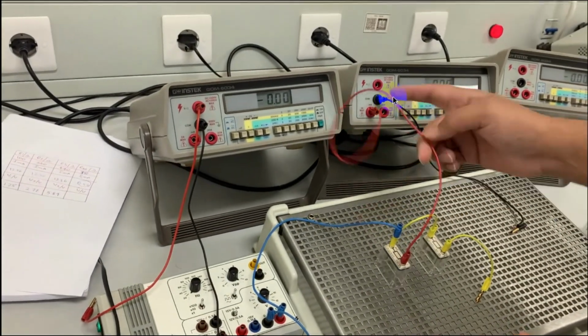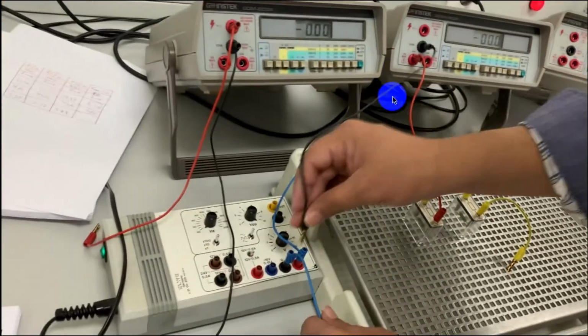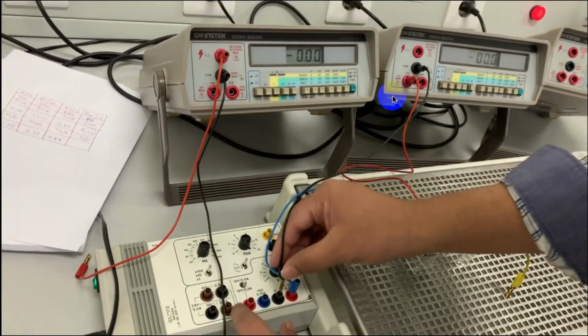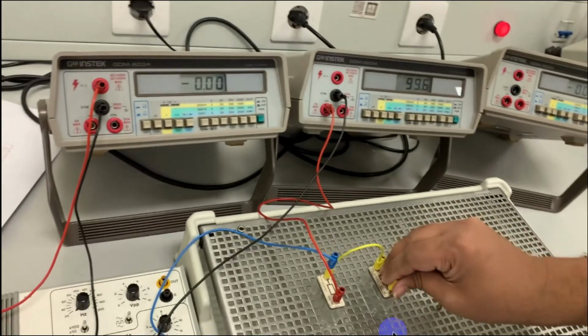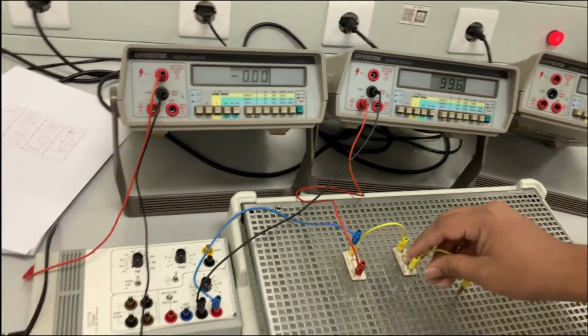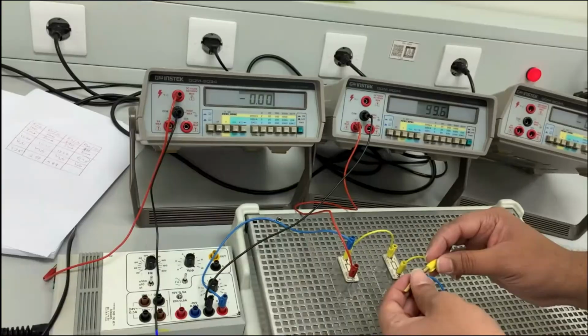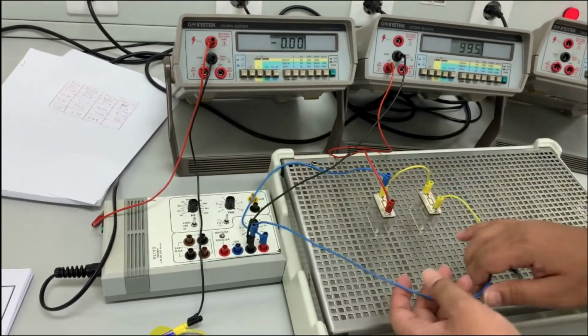From the ammeter to the 0, the common of the supply. And from this point again to the common, to the 0. Just give the extension and make it to 0.